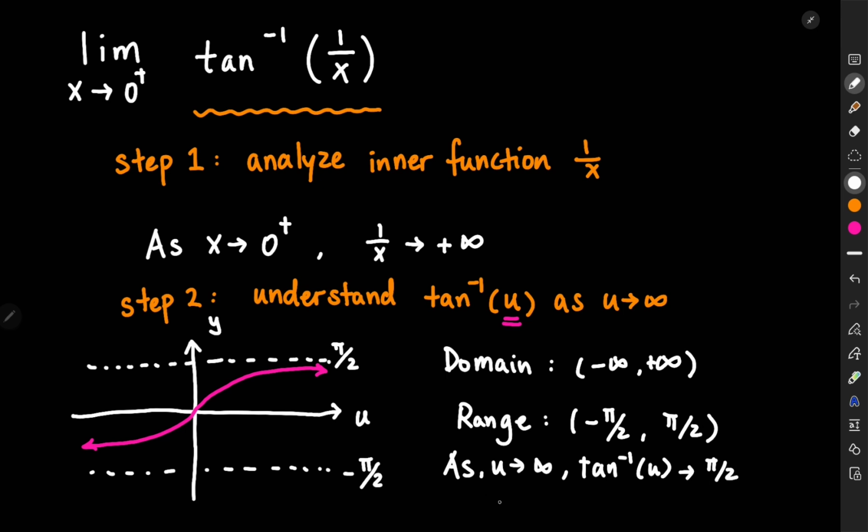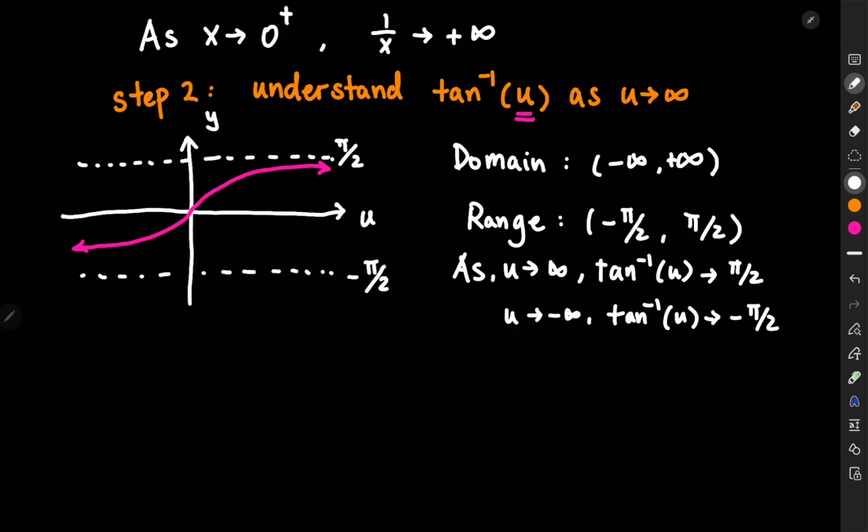And as u goes to negative infinity, inverse tangent of u goes to negative pi over 2. Okay, since now we understand how the inverse tangent function behaves, let's plug into our original equation.